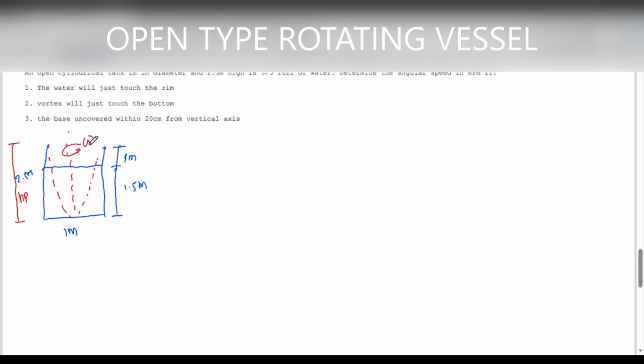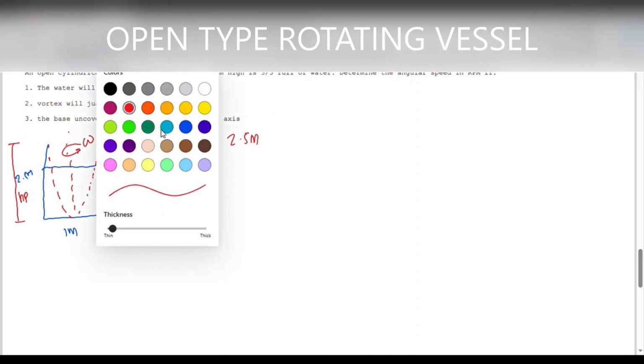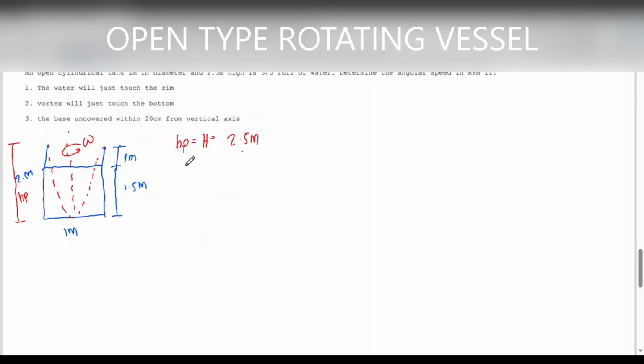So from our illustration, we can notice that the height of paraboloid is equal to the height of the tank, which is equal to 2.5 meter. Now going back to our formula for the height of paraboloid, we have 2.5 is equal to omega squared times radius, still 0.5 squared, over 2 times 9.81.